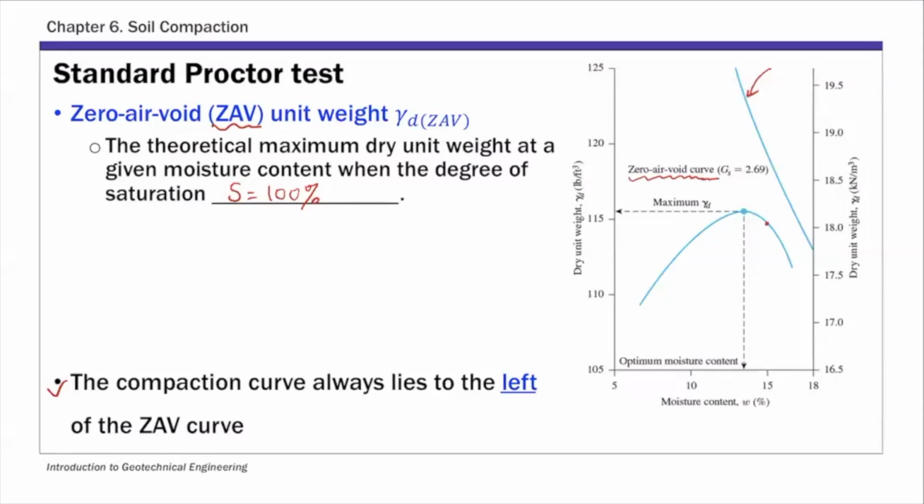So for a given moisture content, say 15%, from the compaction curve you have the gamma D of that compacted soil, and it's always smaller than the theoretical bound from the zero air void line. So the compaction curve always lies to the left.